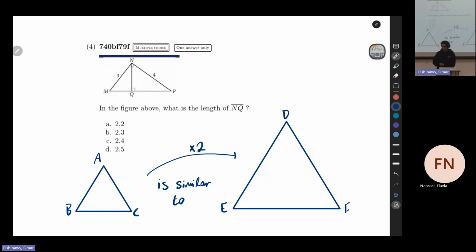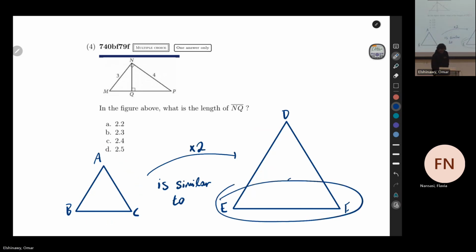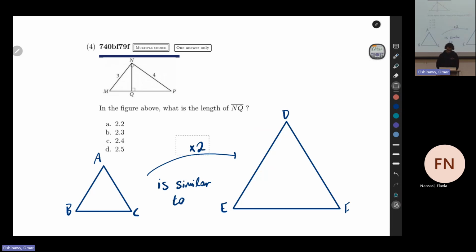This is double that one, and this is double that one, and this is half of that one, and so on. So there's always a scaling associated with that. I'm not sure if you've heard of this before, but I think you should have.